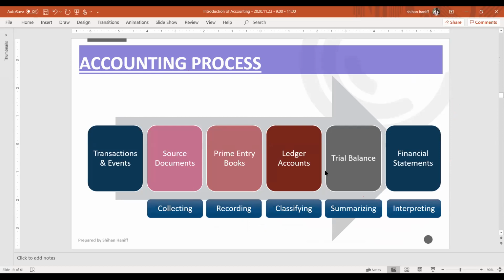The accounting process starts with transactions and events. Earlier I explained what transactions and events are. That is the input of accounting. And this is the process. And the financial statement is the output.